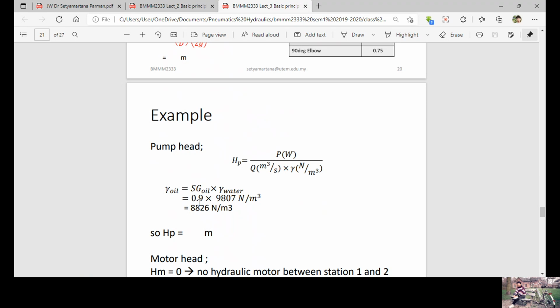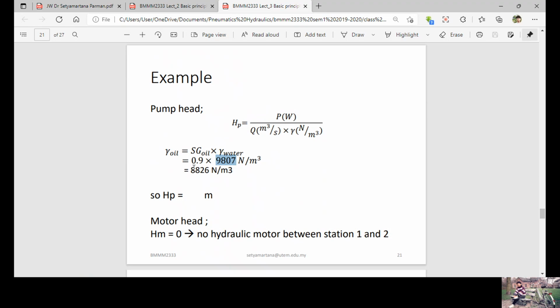So it means 0.9 multiplied with 9,807 Newton per meter square, which is 1,000 multiplied with 9.807 as the gravity acceleration.